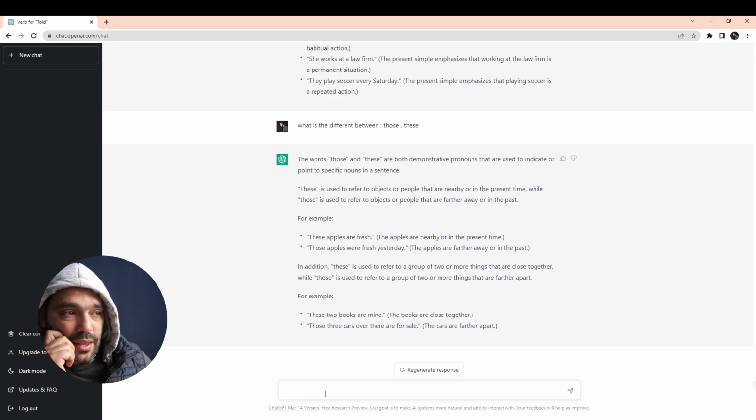In addition, these is used to refer to a group of two or more things that are close together, while those is used to refer to a group of two or more things that are further apart.